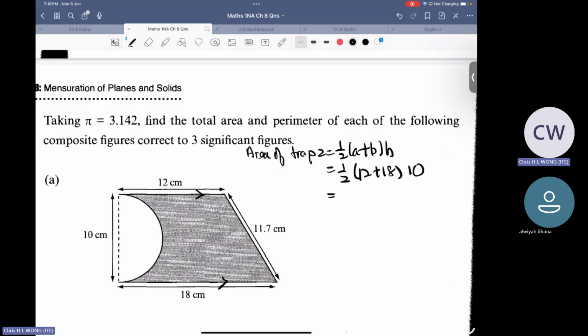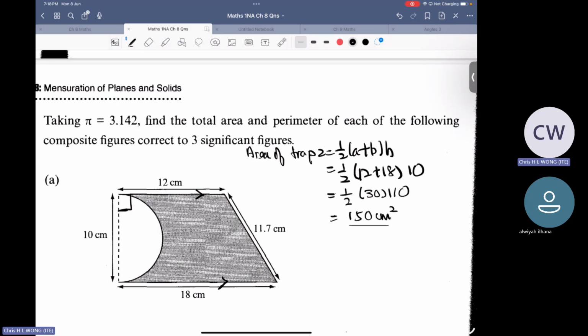Again, they must show you the 90 degrees. Half, 12 plus 18 is 30, times 10, times 5, 15, so 150 cm squared. Not the answer yet, okay?